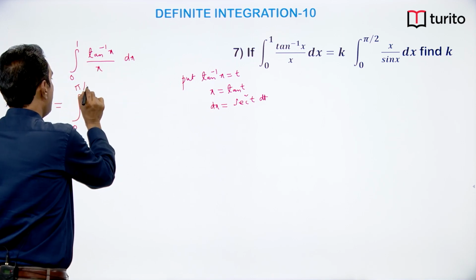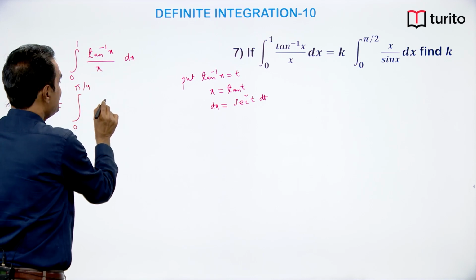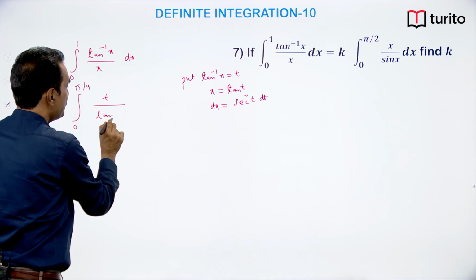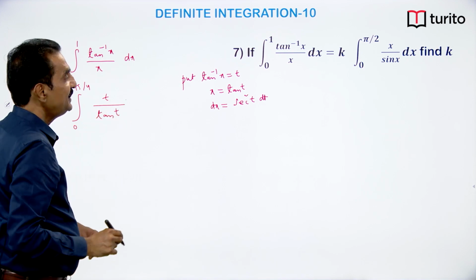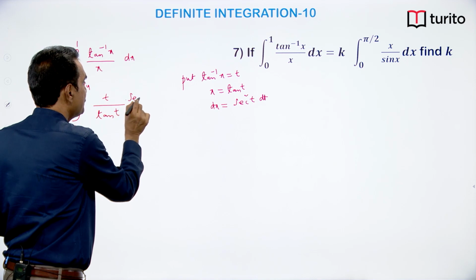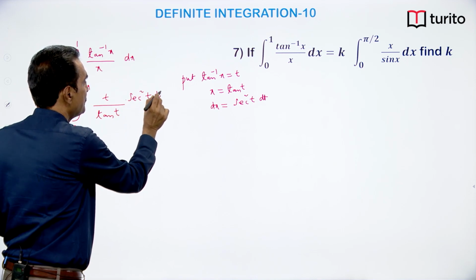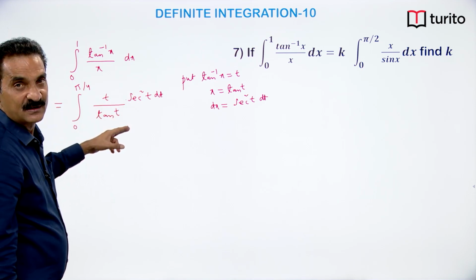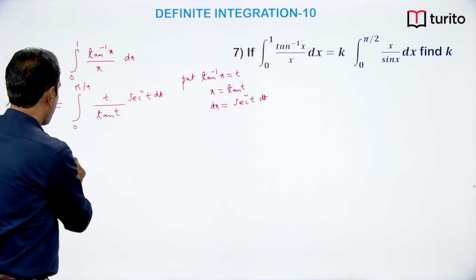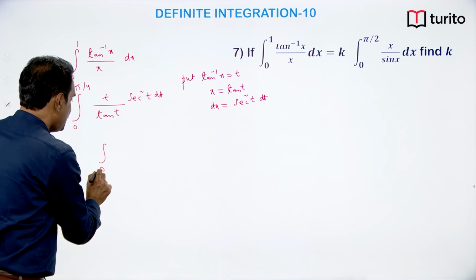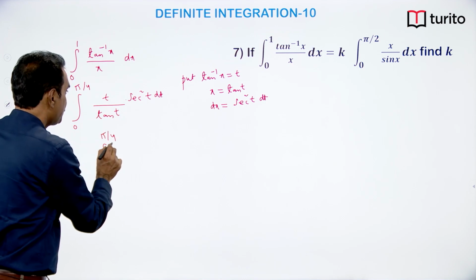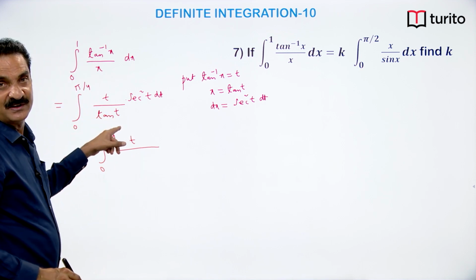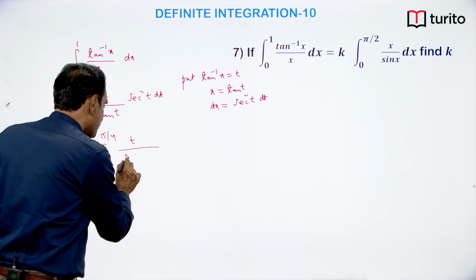So it is integral 0 to pi by 4, t by tan t into secant square t dt. Now, if you write secant square t in the denominator, what you will get? Integral 0 to pi by 4 t by tan t into cos square t, that will be sin t cos t.